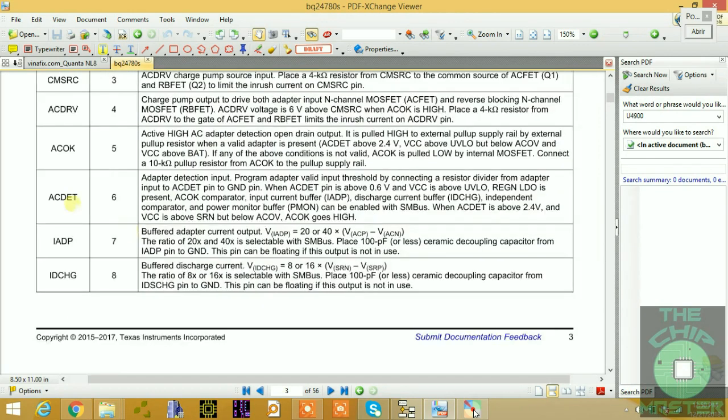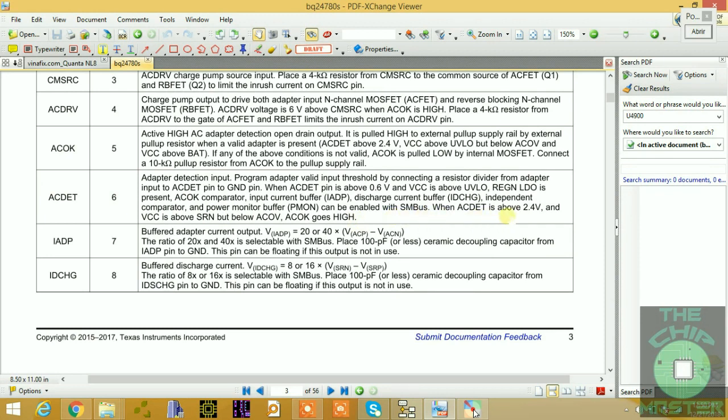Alright, AC detect: adapter detection input. Program the adapter valid input threshold by connecting a resistor divider from adapter input to ground. When AC detect is above 0.6 volts and VCC, which is the undervoltage lockout protection, and REGN LDO, this is your low dropout of 6 volt, is present, ACOK comparator, input current, discharge current, independent comparator, and the power monitor, which is enabled with the SMBus.